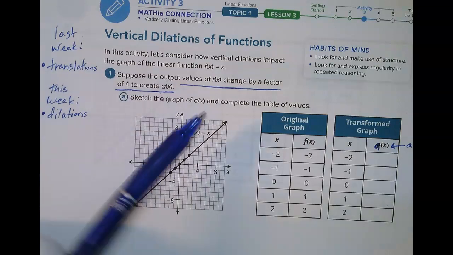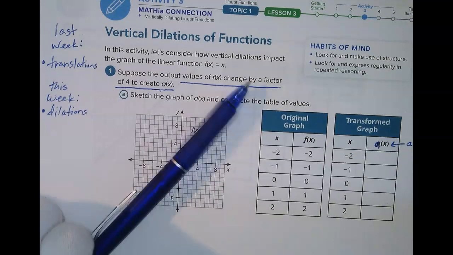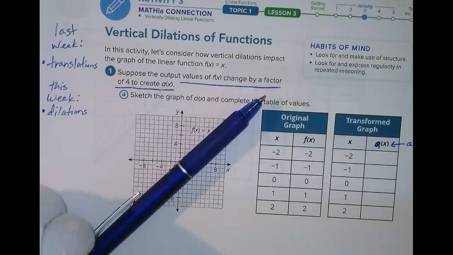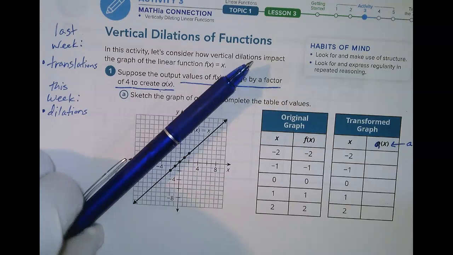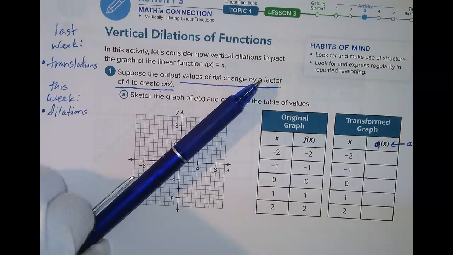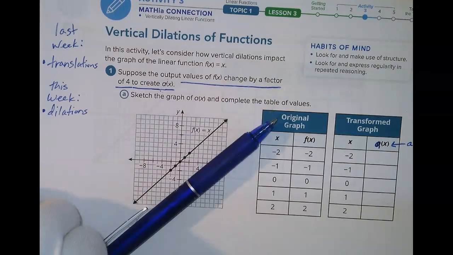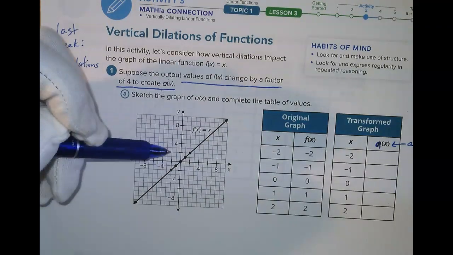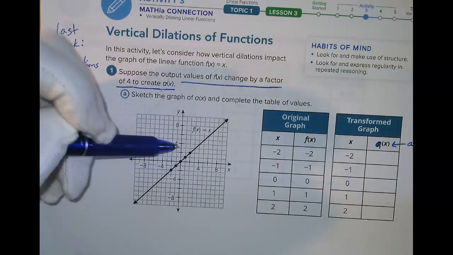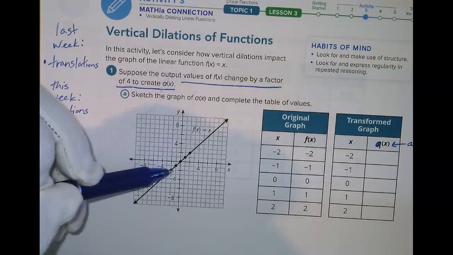So if we were translating this line up, it would go in this direction. All the points would just go up by the same amount, or all of the points would go down by the same amount. The points would move the same number of steps up or the same number of steps down.